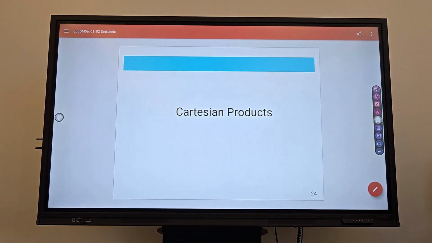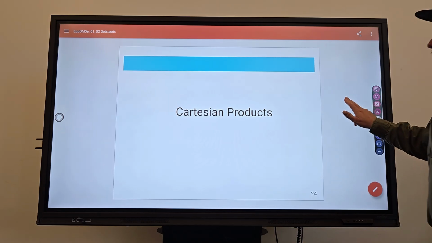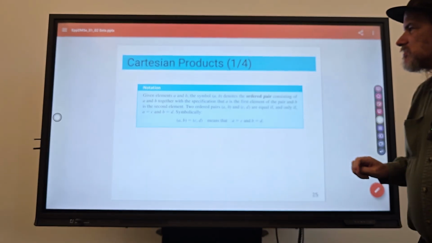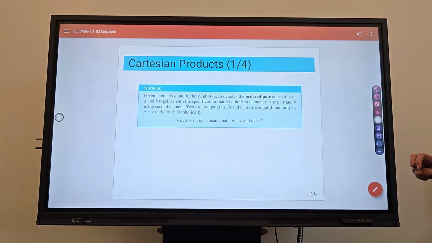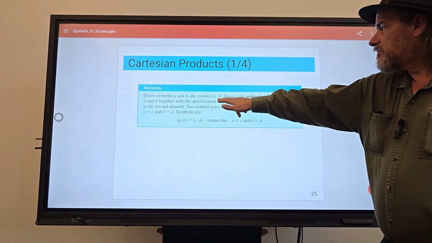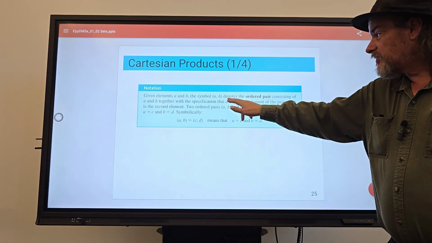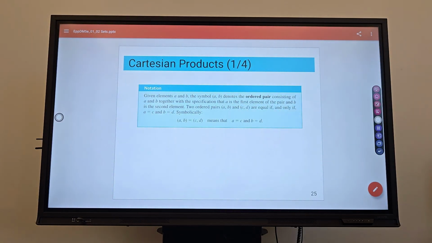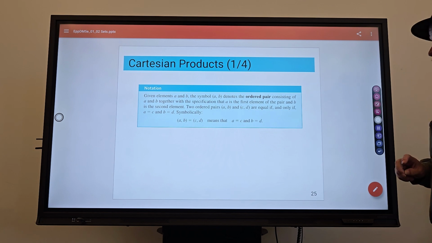Cartesian products. One of the more annoying things about sets, because it can lead to a lot of writing and that sort of thing. But anyway, given the elements a and b, the symbol (a, b) denotes an ordered pair consisting of a and b together, with the specification that a is the first element of the pair and b is the second element.